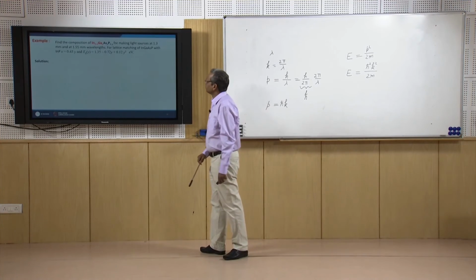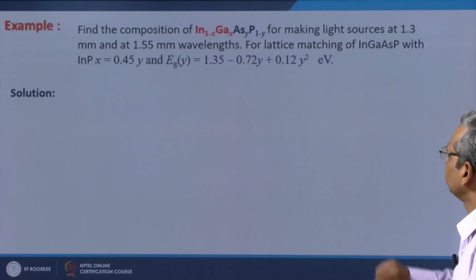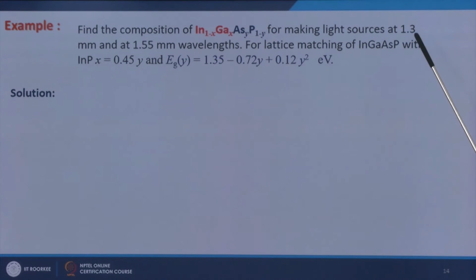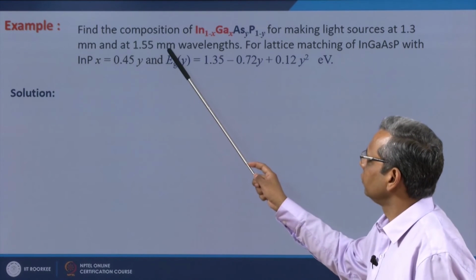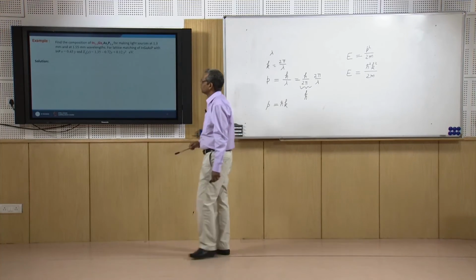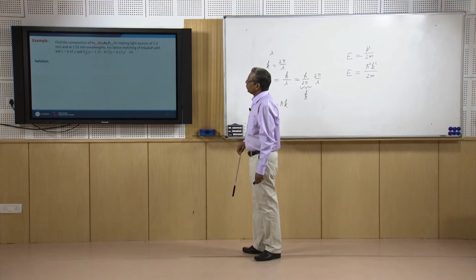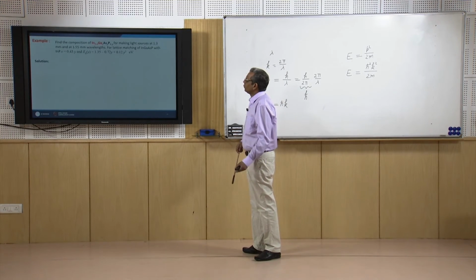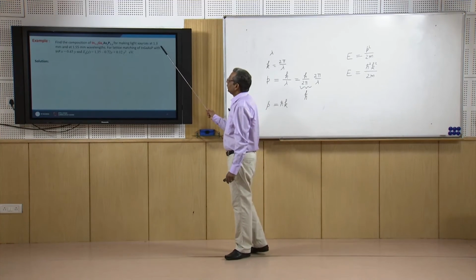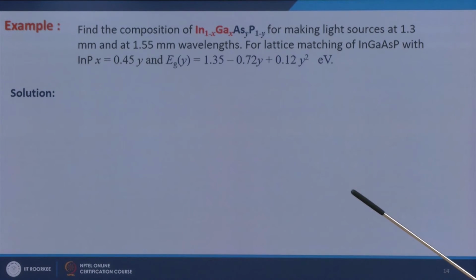For example, I can find the composition of indium gallium arsenide phosphide for making light sources at 1.3 micrometer and 1.55 micrometer wavelengths.